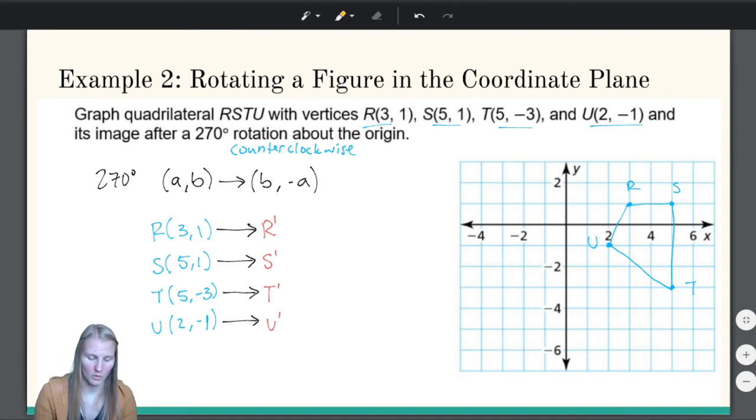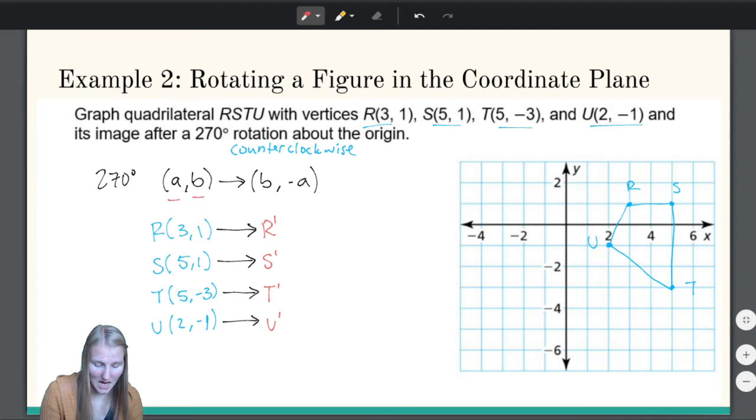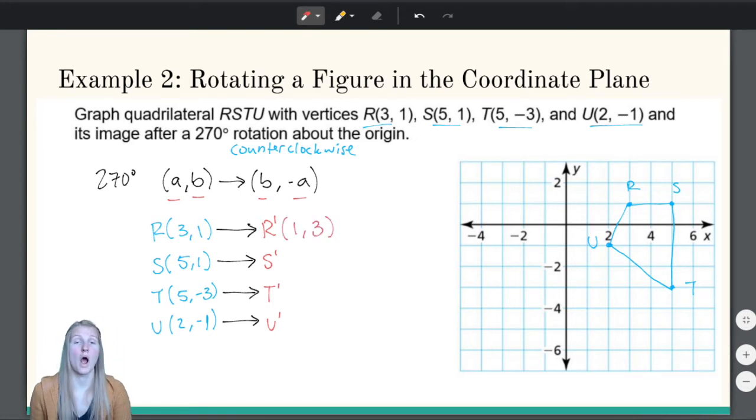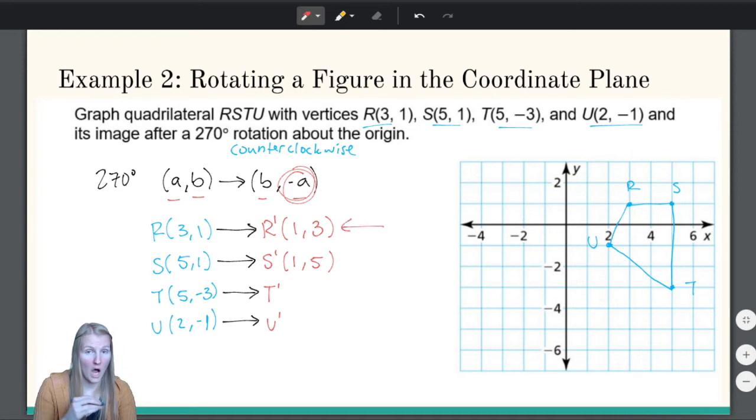Okay, so what we're going to do is we will take A and B, and we're going to switch them. (A, B) becomes (B, A). So (3, 1) becomes (1, 3). (5, 1) becomes (1, 5). And so on. But also, the A, or the second one, becomes negative. So instead of (1, 3), I'm going to have (1, -3).